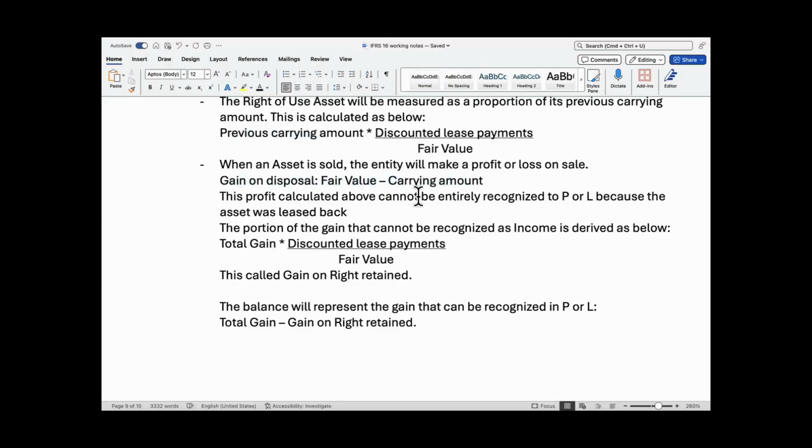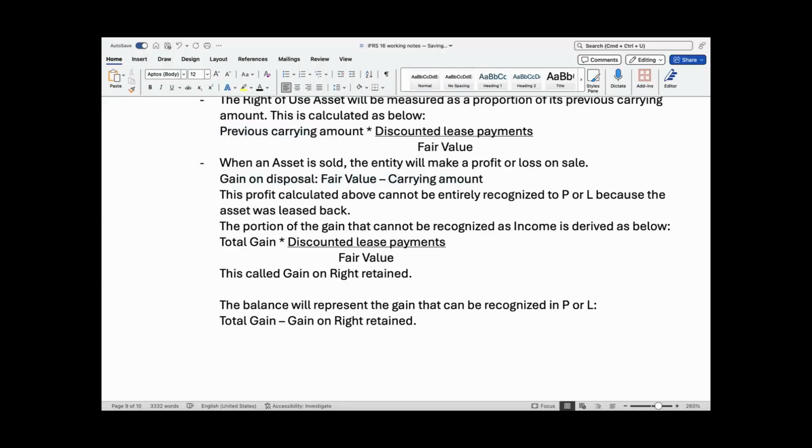Now, we cannot recognize this entire profit to P&L as income because the asset was leased back. So you cannot say that you have earned the entire gain on that sale because you leased back the assets. So the portion of the assets that we believe you have leased back, which is the discounted payment you have to pay all upon the fair value, times the total gain, we call that gain on rights retained.